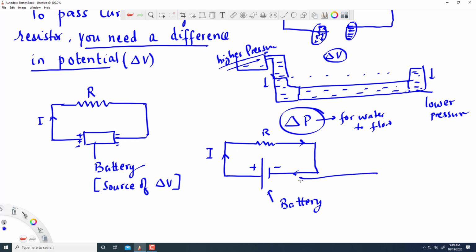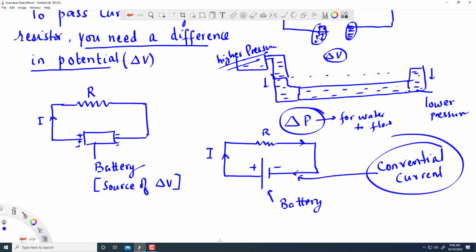This is not the actual current. The actual current would be from negative to positive, because what flows in the wire is negative charge, not positive charge. But we have been using this for a long time, so people don't want to change this. So they just use this conventional current. They just show flow of positive from the positive side of the battery to the negative side of the battery.